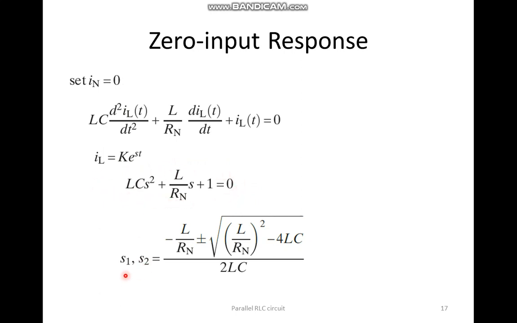In this way, we obtain two different roots which may be complex conjugate, real and distinct, or repeated. So the solution of the differential equation will be done accordingly in three cases, as described in the next slide.